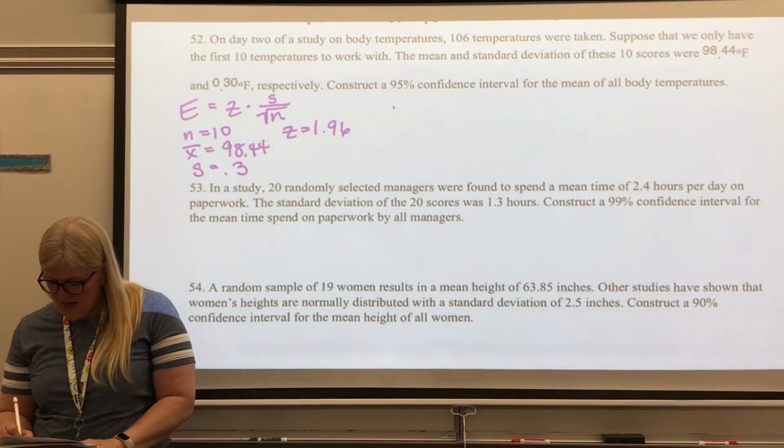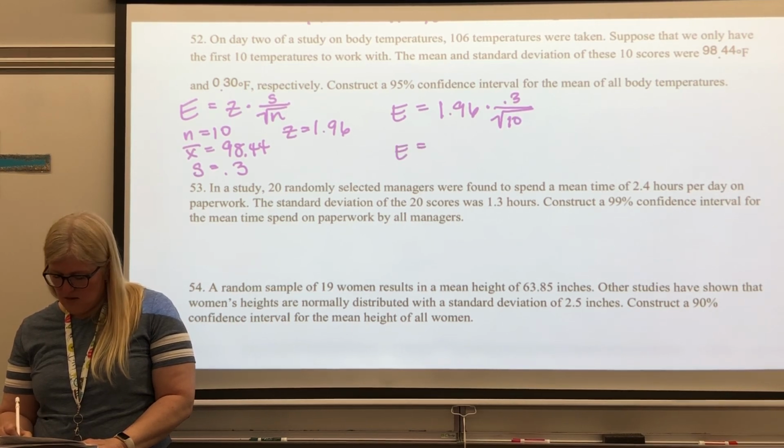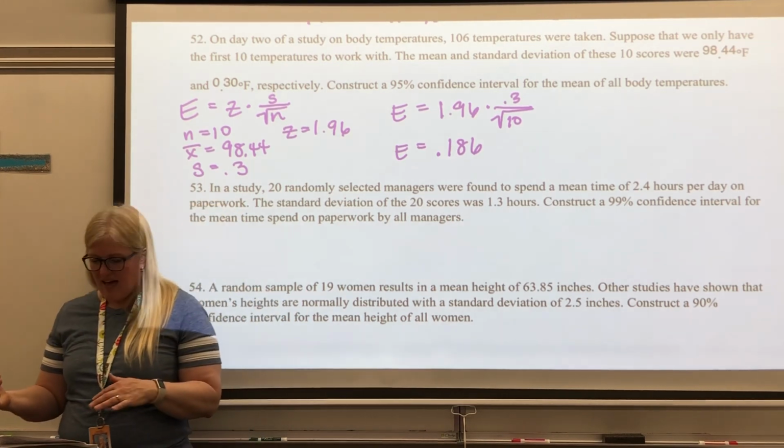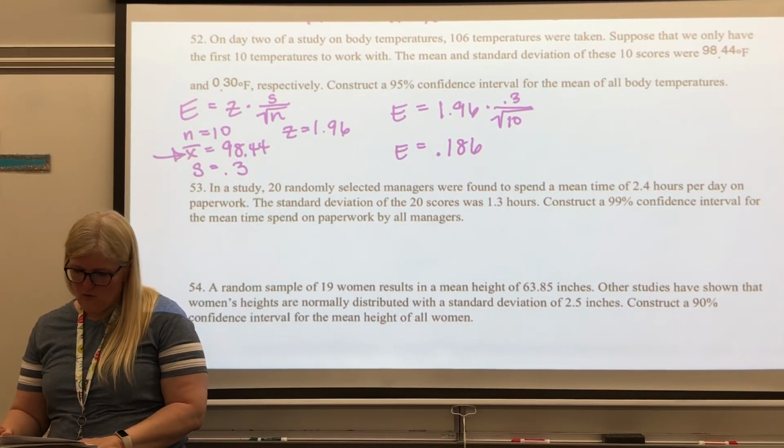Okay, so now I'm going to plug that in. 1.96 times 0.3 divided by the square root of 10 gives me 0.186. We're going to add that and subtract that to 98.44.